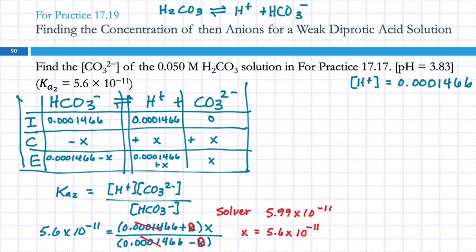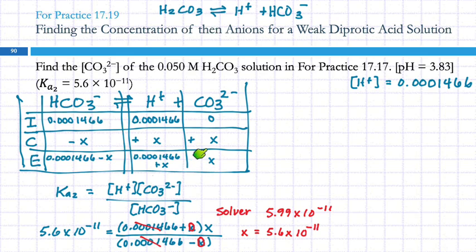So when we were calculating the pH, the hydrogen ion concentration at the end would be this number plus this tiny number, and it ends up just being the 0.000146. That's why we could just use this for the pH and not worry about this second part.